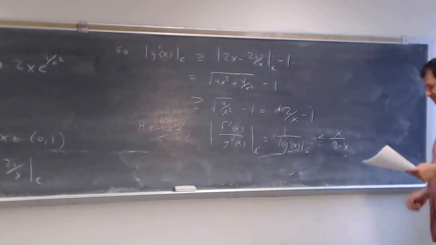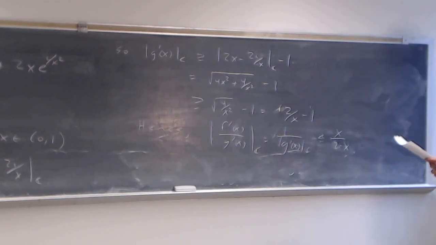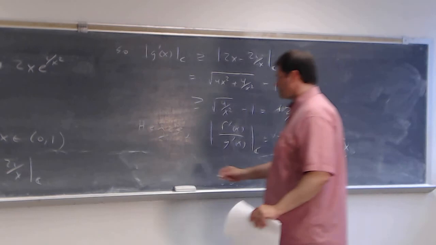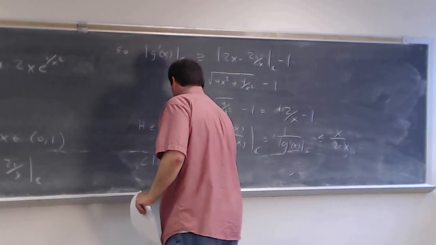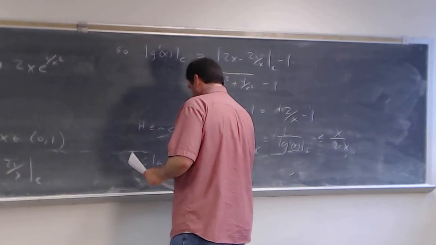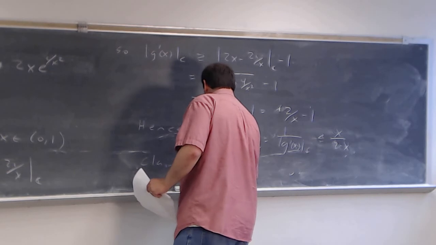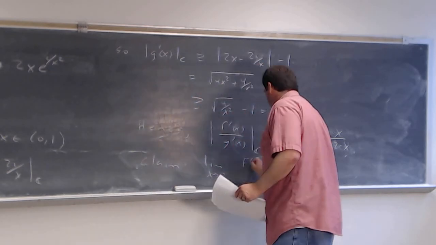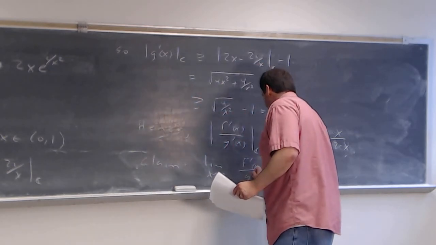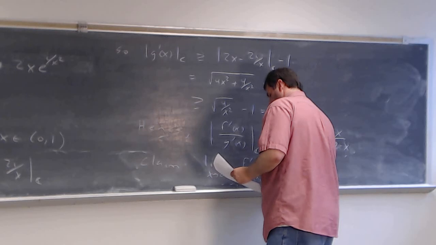Just working with this. So our claim from here is that the limit as x goes to 0 of f prime of x over g prime of x equals 0.